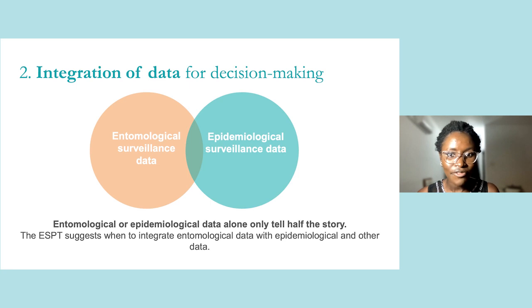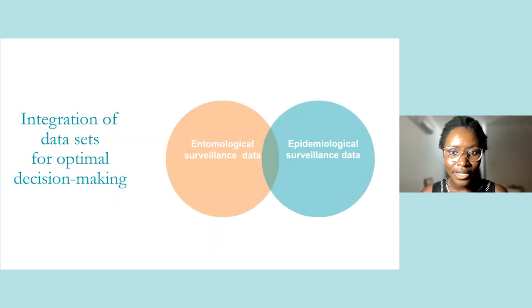The ESPT provides guidance on the integration of entomological data with epidemiological, human behavior, and other key data. In addition to entomological and epidemiological surveillance data, the ESPT identifies some key datasets that should be considered for integration for optimal program decision making.